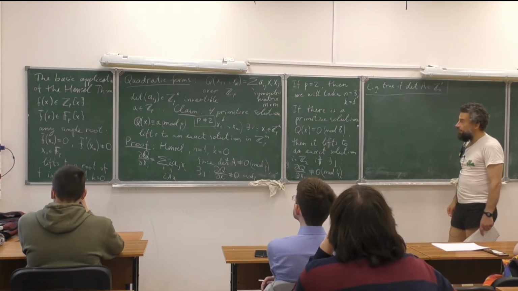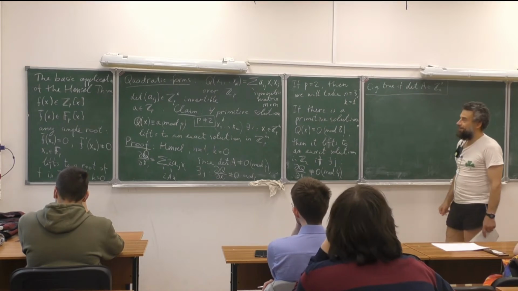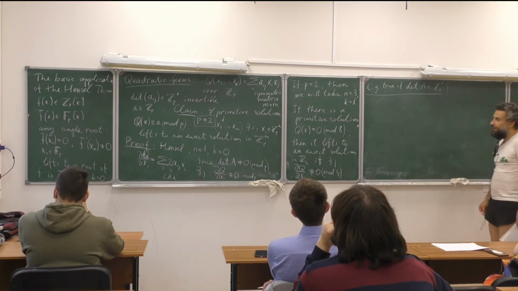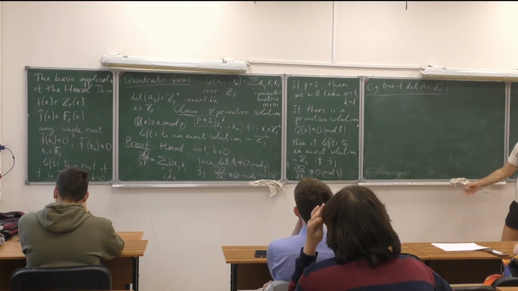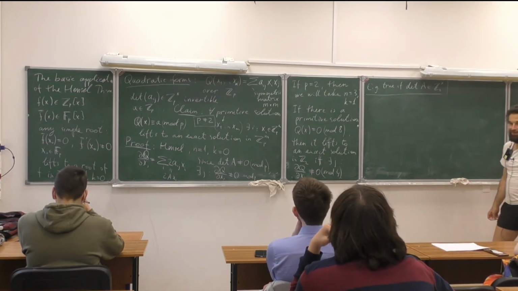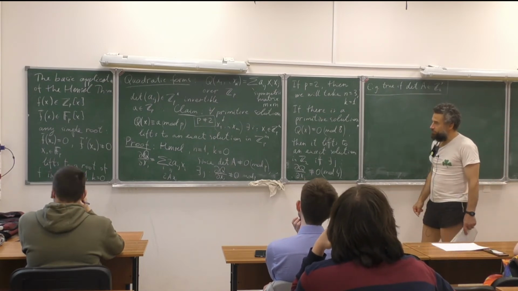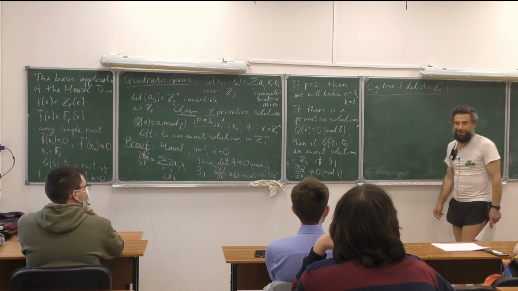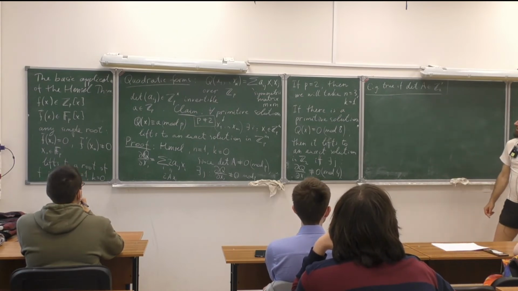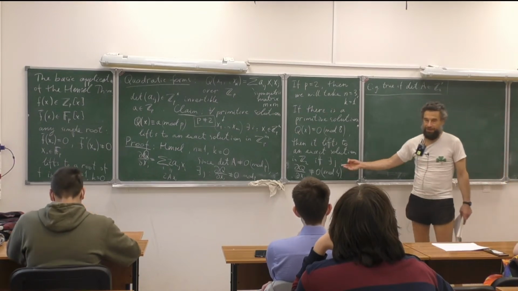The classification is possible, and it proceeds by reduction to a local problem in p-adic numbers. Namely, there is the famous Minkowski-Hasse principle, which says that two quadratic forms of the same rank over rational numbers are equivalent if and only if they are equivalent over all p-adic numbers and reals.